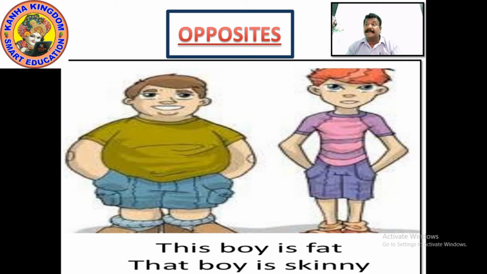Here we have used the same words, fat and skinny, but in a sentence. This boy is fat. That boy is skinny. Same way, we can use this. How do we use this in a sentence? We make a sentence and use it.